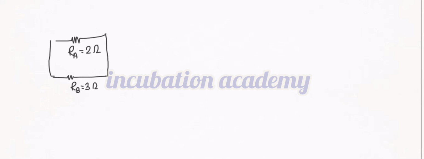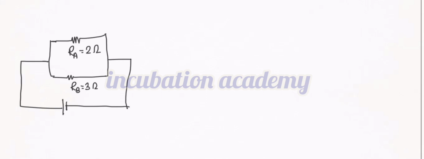So here I am joining like this, then we can say these are connected in parallel, and now this is connected to this 5 volt source.